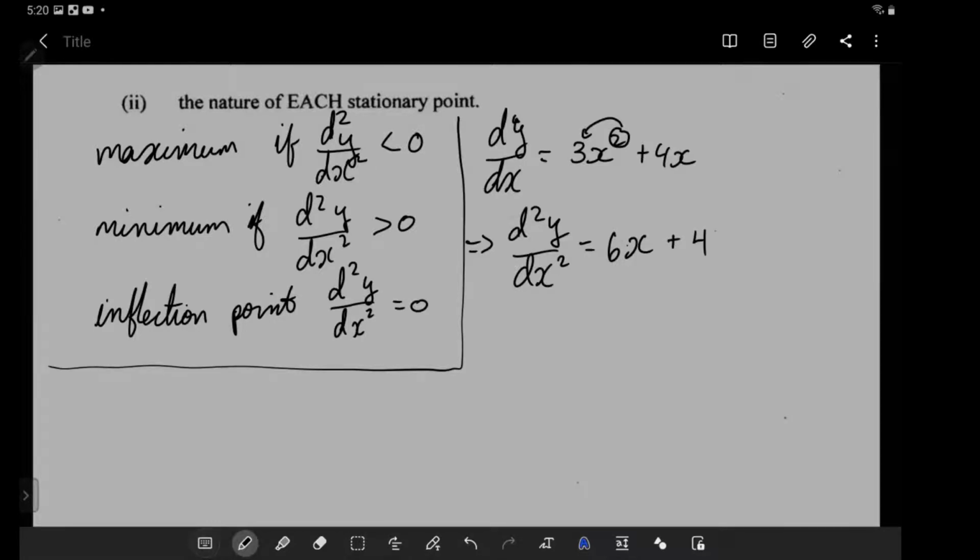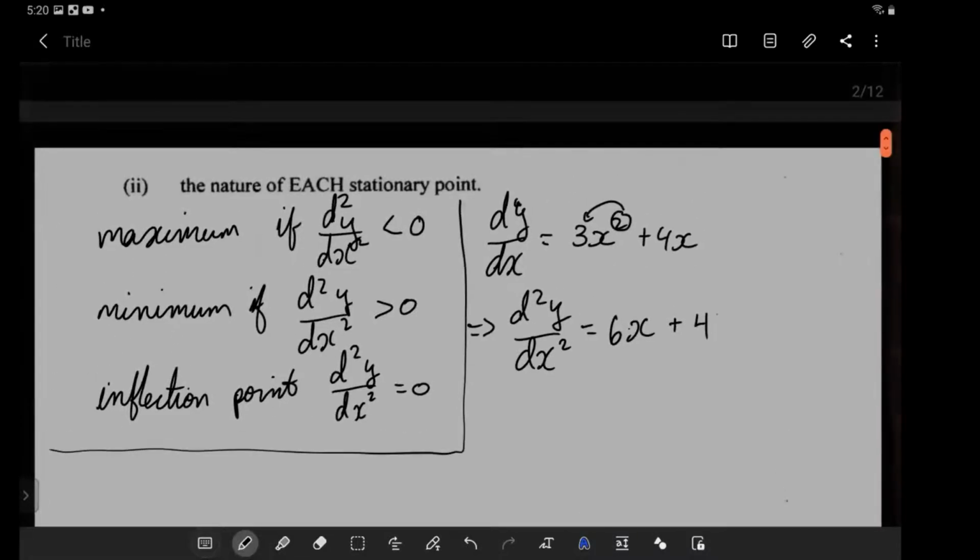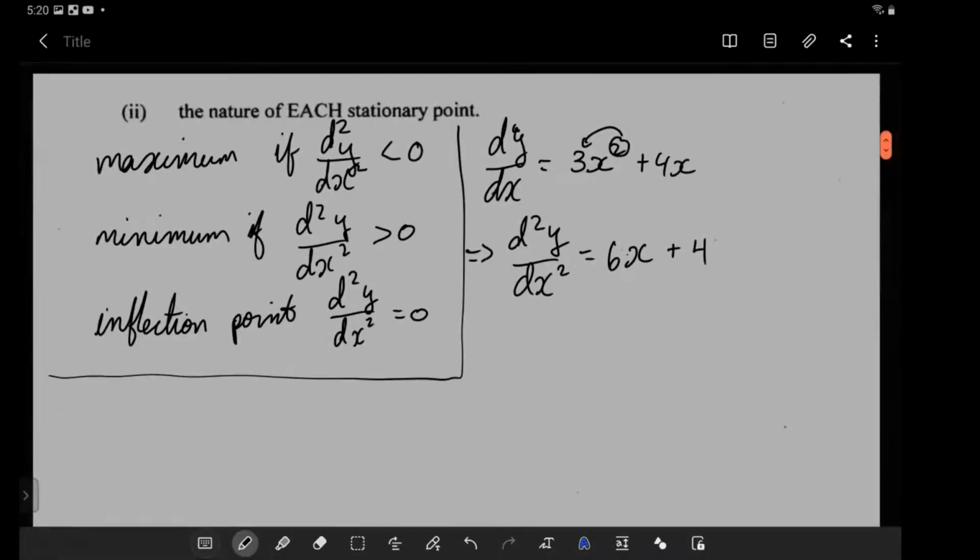Right, this would be our derivative of the derivative. And we would like to evaluate that at the relevant points. So at x equals 0 and at x equal negative 4 thirds.